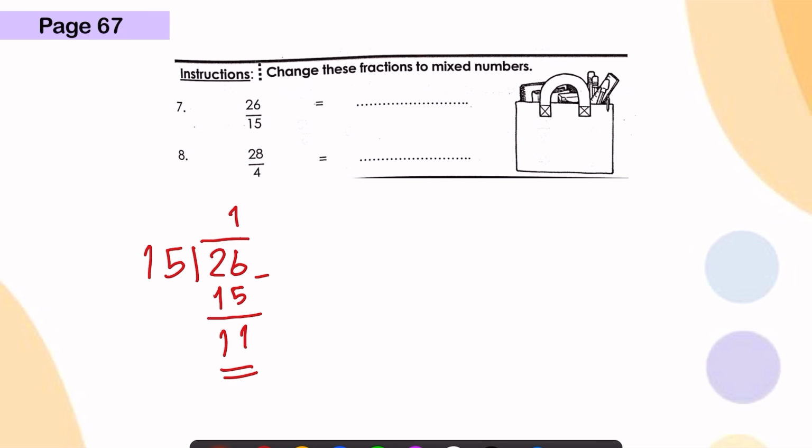So we have 11 as a remainder. We put 1 in front, 11 as the numerator, and you keep the denominator the same. So from 26 over 15 become 1 and 11 over 15. Number 8. Okay, can you divide 28 by 4? Yes, you can, right? So the answer is 7.